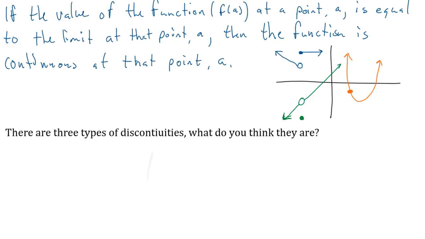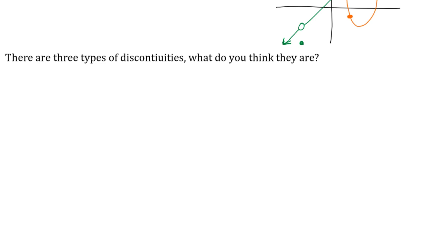Okay? There are 3 types of discontinuities. What do you think they might be? When could a function be discontinuous? At a pop-out. So one of them, we'll call it a pop-out, or we call it a break, or a jump. Okay, something like that.